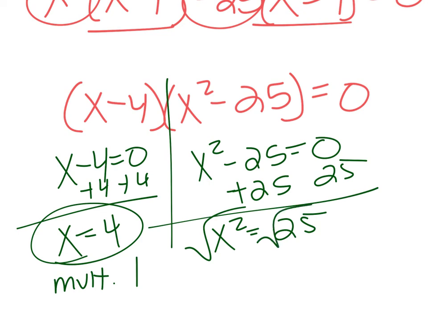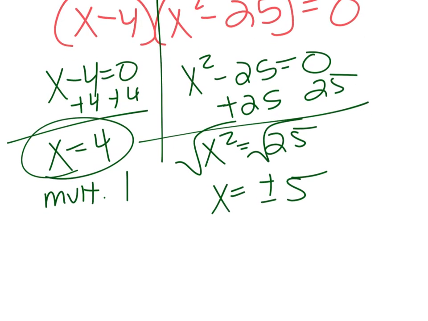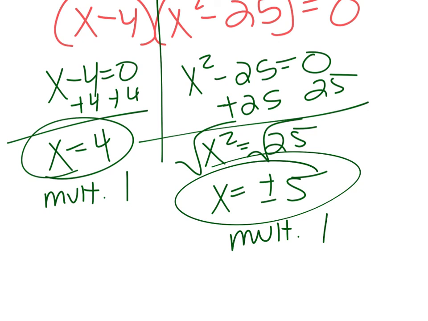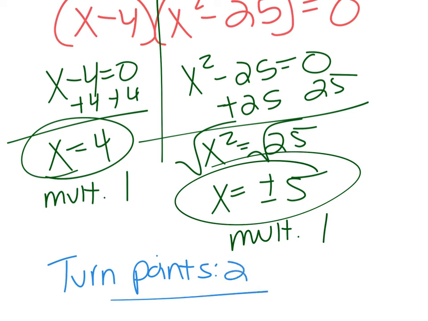Square root there is a nice perfect square. So we get positive 5, negative 5. Remember, those are 2 different numbers, so each of those also only has a multiplicity of 1. So we got 3 zeros, and then our turning points, like we said, could have 3 minus 1, which is 2 of them.